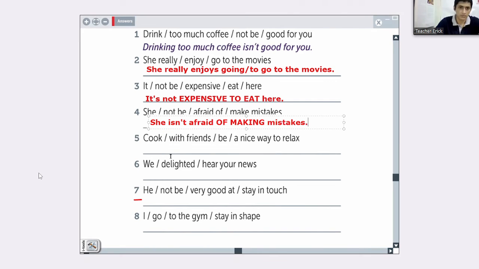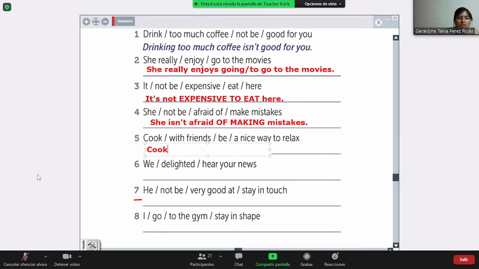Number 5, cook with friends be a nice way to relax. Cook with friends, bien. Yeah, this one is easy. Cook with my friends or to cook? Yes, Geraldine?